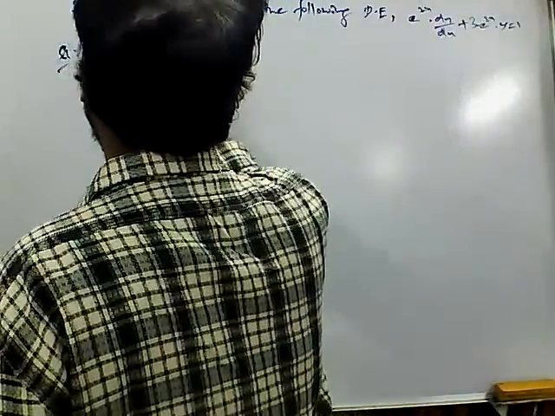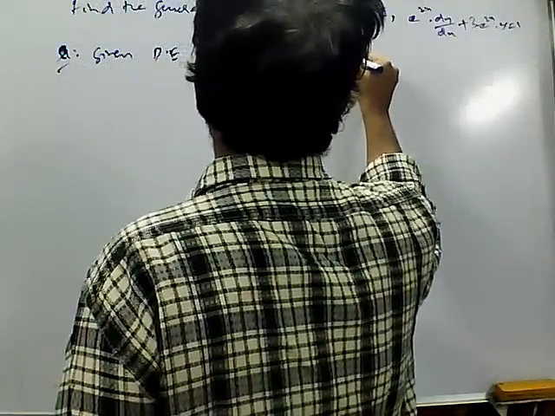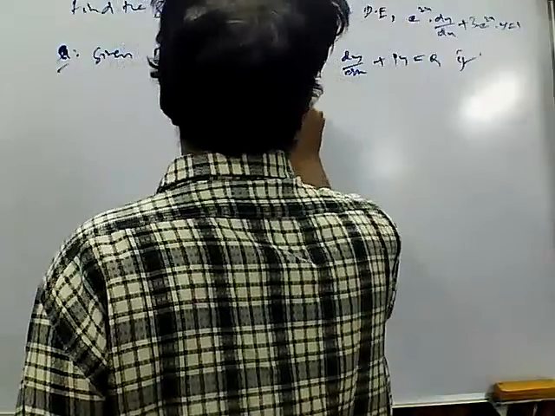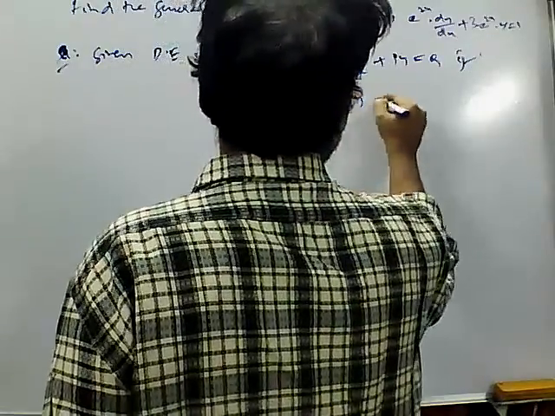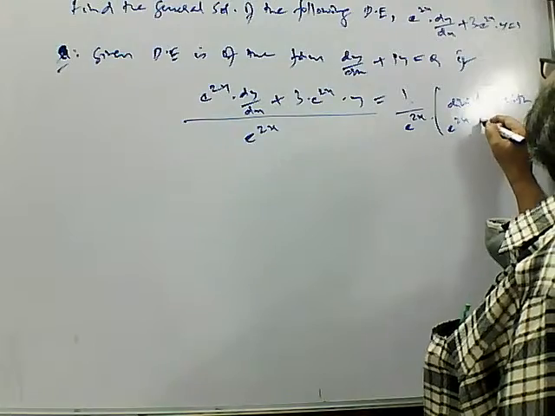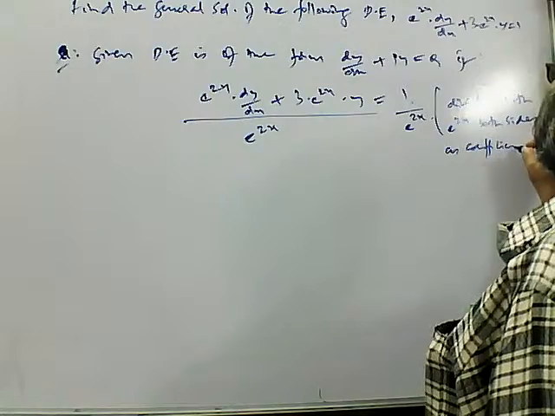So the given differential equation is to be put in the form dy by dx plus Py is equal to Q. Because dy by dx should not have any coefficient, divide both sides by e power 2x, as the coefficient of dy by dx should be 1.